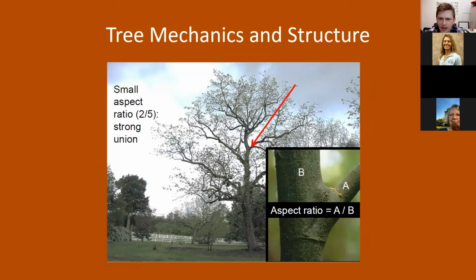Something to think about with these main limbs that come off is that aspect ratio is key. A small aspect ratio is anything below 2 to 5 in terms of the fraction between those two things. You can see here that this A is probably less than 2 to 5 in terms of how the circumference compares relative to the overall stem of the branch.